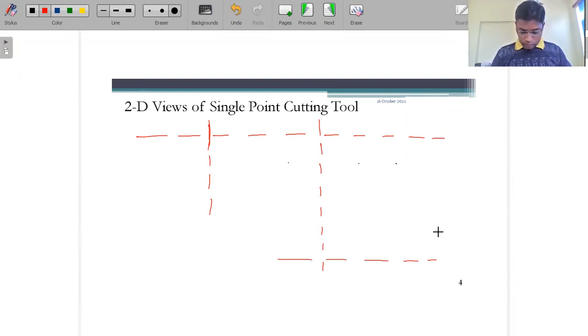Where is my tool? Okay, this is here. So this is basically the front view. From here, when you see, this is the front view, and this is the top view. For this it will look like this.